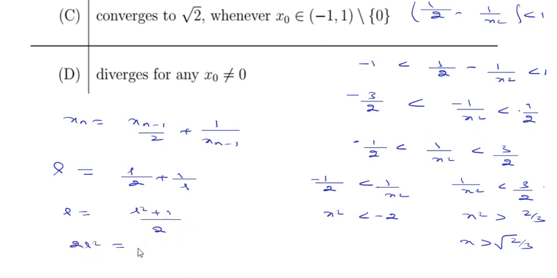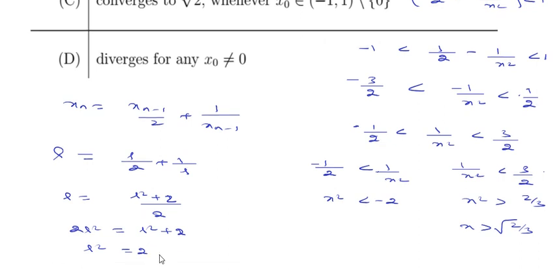So 2L square is equal to L square plus 1. So L square is equal to 2. So that means we have L equal to root 2. So therefore this sequence converges to the value root 2.